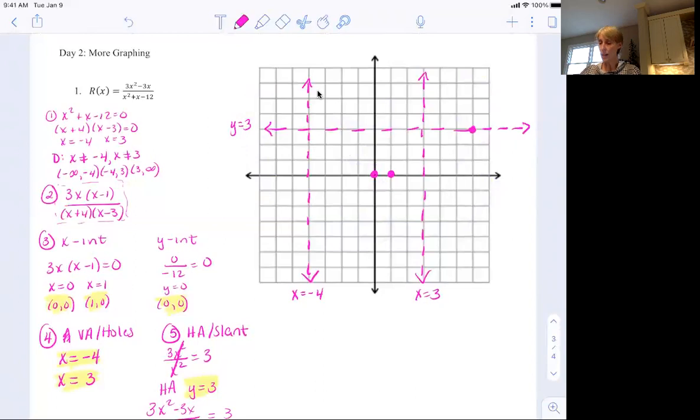I know my graph has to cross through the x and y intercept, so I sort of know my graph has to kind of go like that somehow. Which kind of leads me to believe that my other pieces are going to be up here. Why? Because if these are my x and y intercepts, I can't cross through over here.